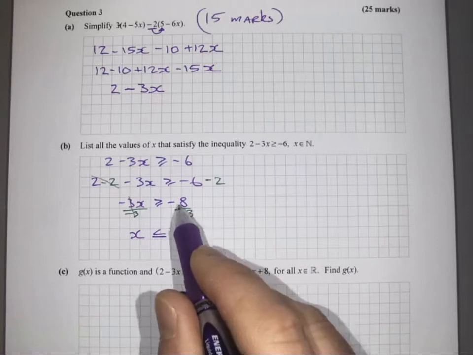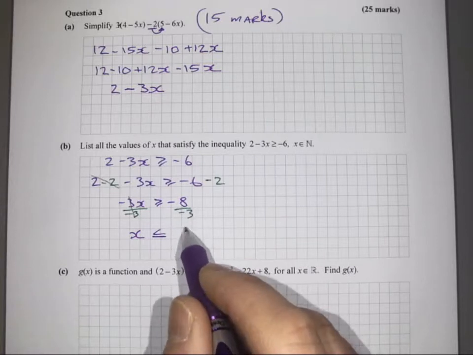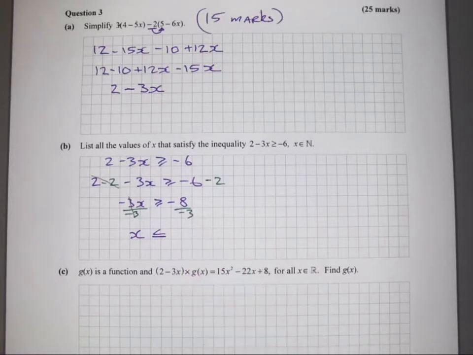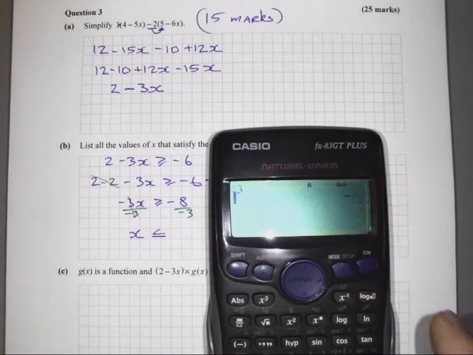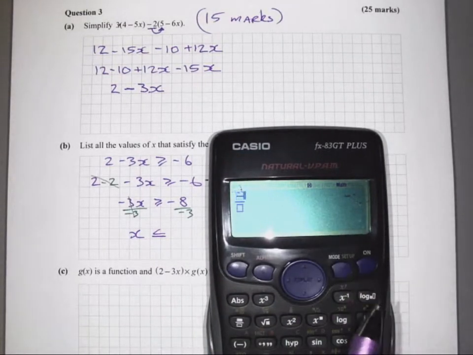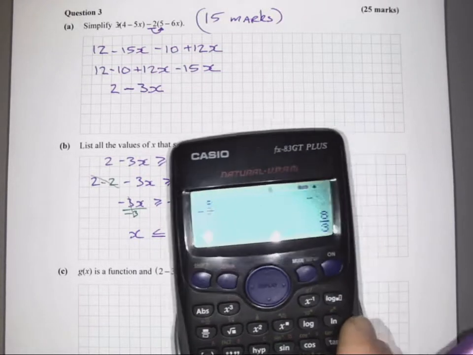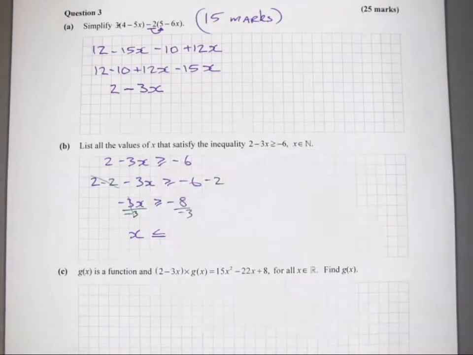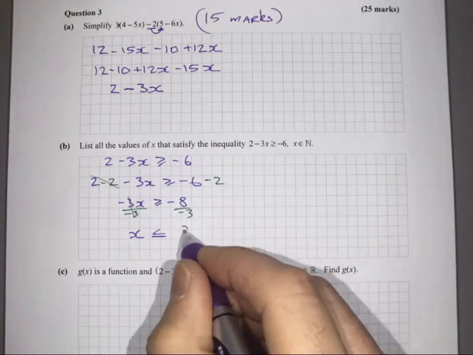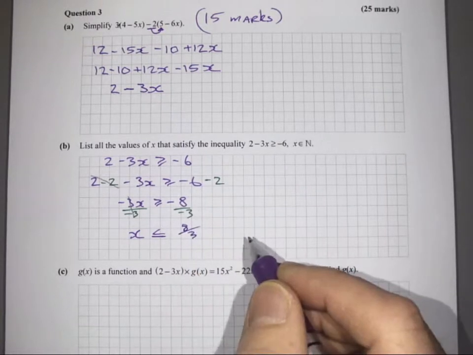And a minus divided by a minus gives us a plus. If you put it in the calculator, we'll get minus 8 over minus 3 equals 8 over 3. So x is less than or equal to 8 over 3.